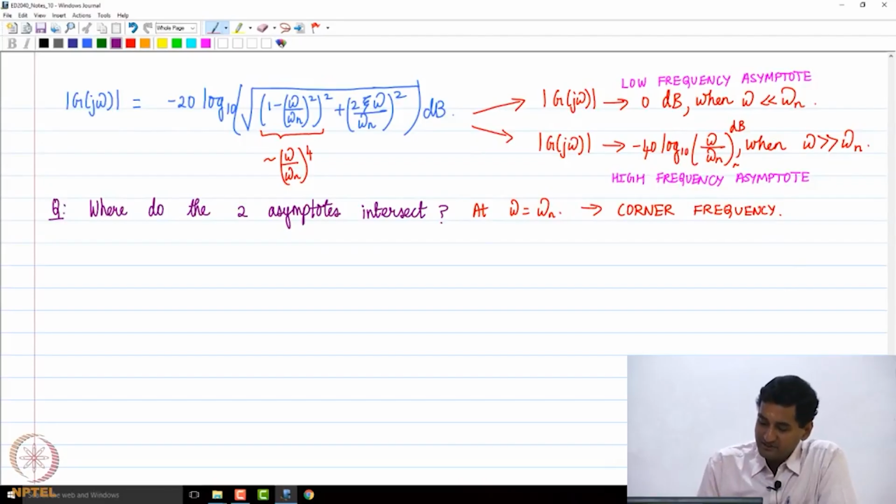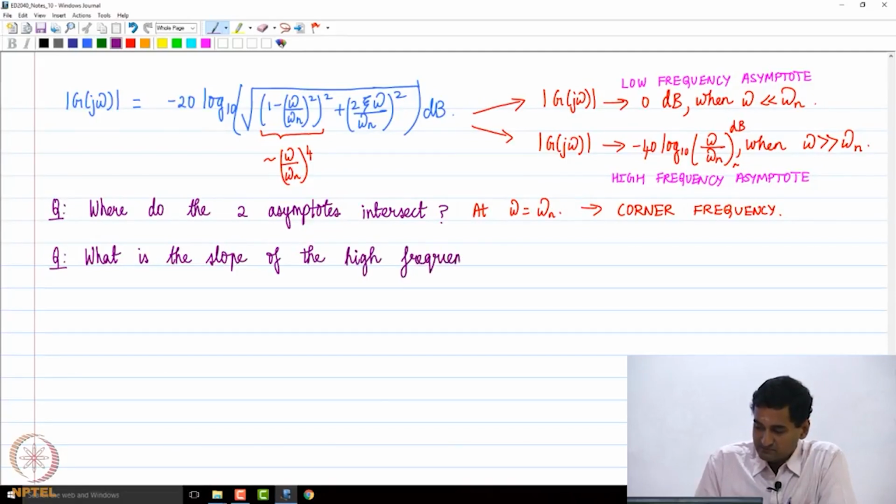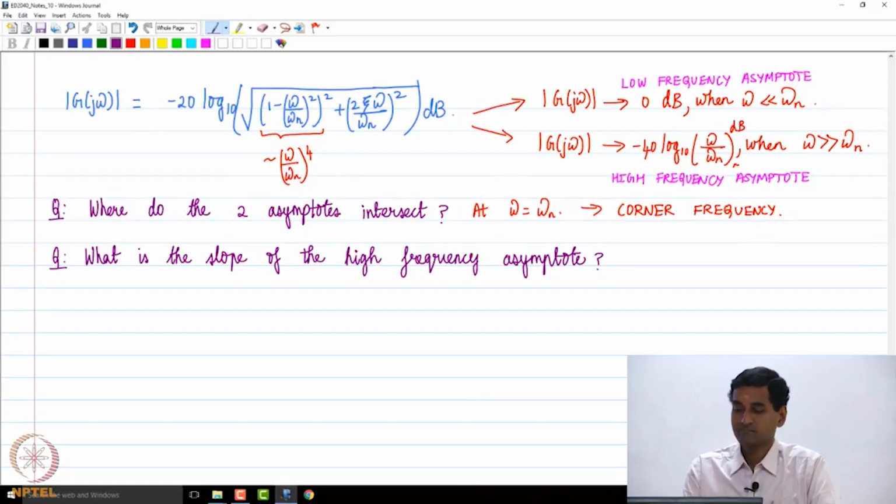The second question that we need to ask ourselves is what is the slope of the high frequency asymptote? What do you think is the slope? The high frequency asymptote is minus 40 log to the base 10 omega by omega n, right? So how do we figure out the slope? Let's say you go 1 decade farther from omega.